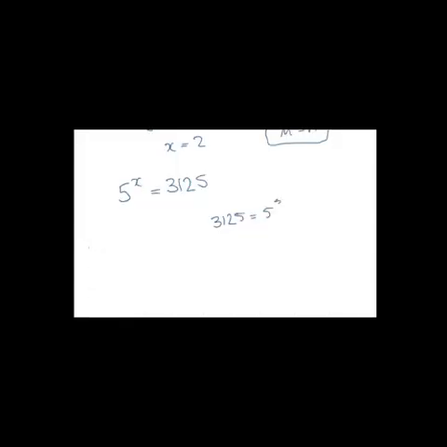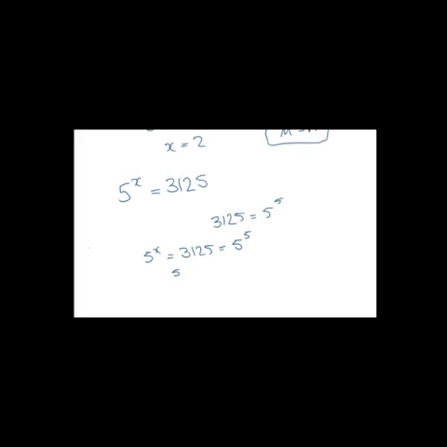and I find the 5s, and I go across. So 5 to the power of 5 equals 3,125. So 5 to the power of 5 is 3125. So therefore we know that 5 to the power of x equals 3,125, and we know that 3,125 is 5 to the power of 5.